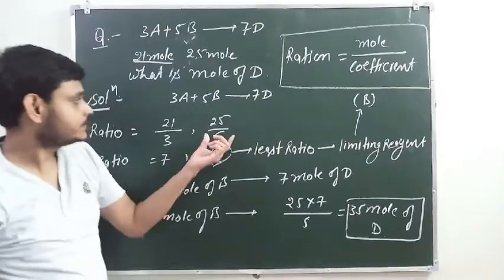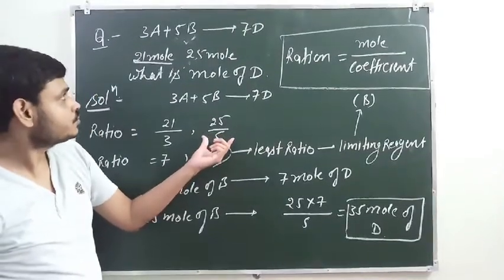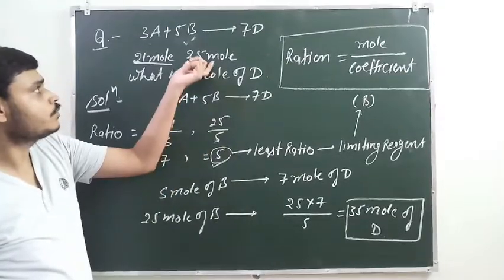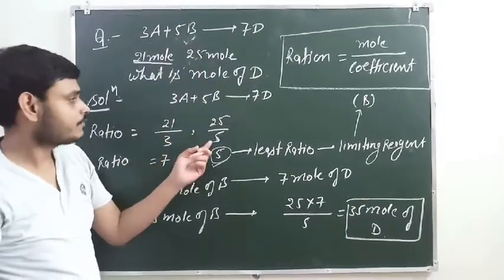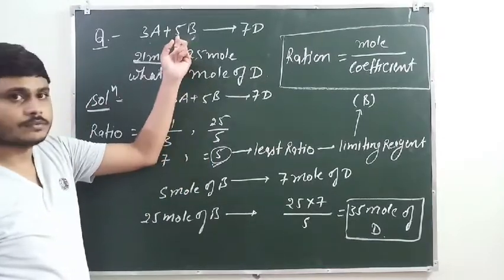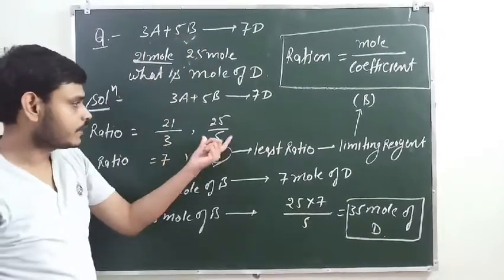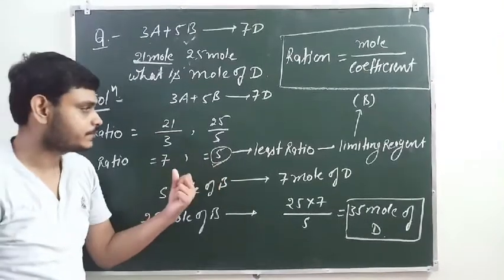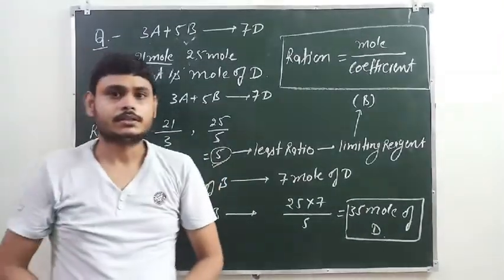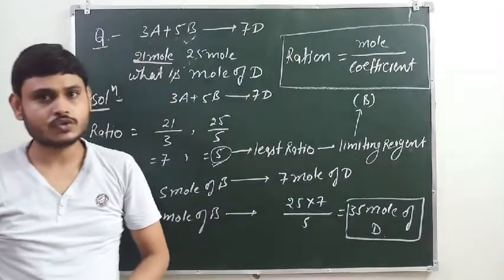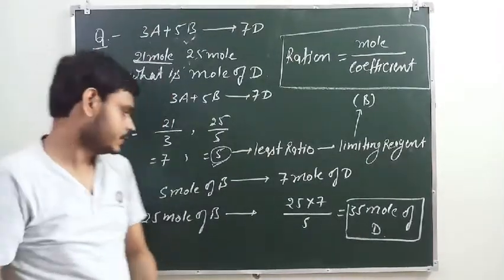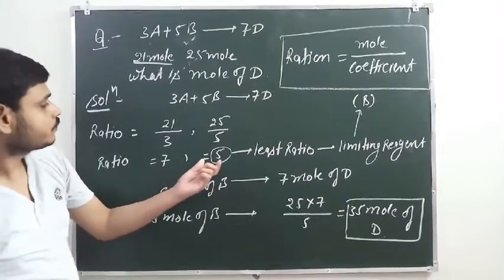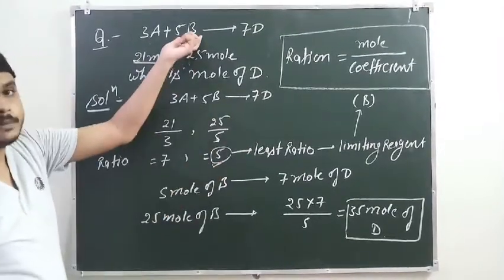And this is the ratio of reactant B: 25 is the mole and 5 is the coefficient, so the ratio of reactant B is equal to 5. We know that the reactant with the least ratio is the limiting reagent, and the least ratio is 5, for reactant B.